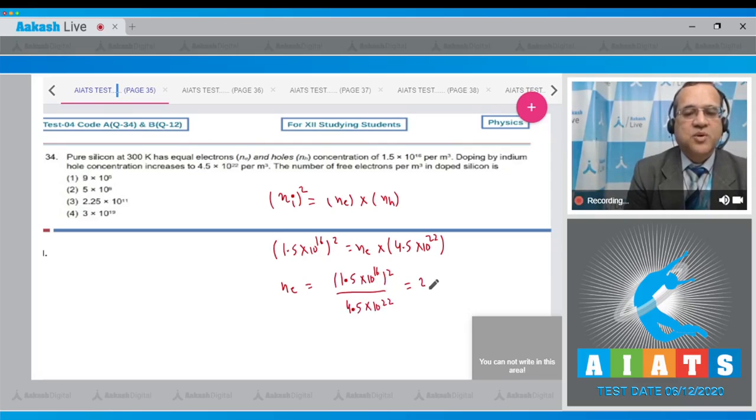So this is 2.25 into 10^32 divided by 4.5 into 10^22. So 1 by 2 into 10^10, that is equal to 5 into 10^9. So the correct option is the second option.